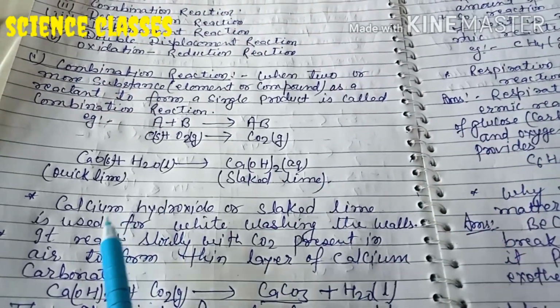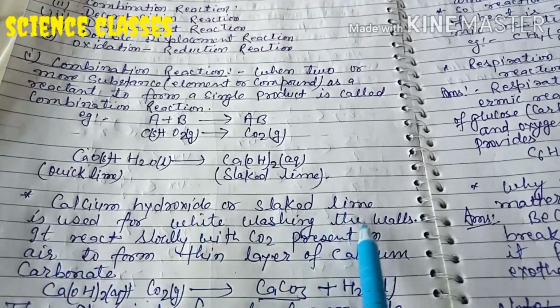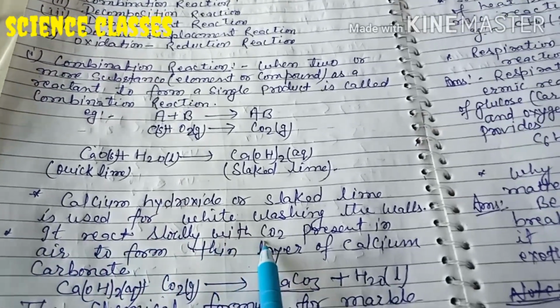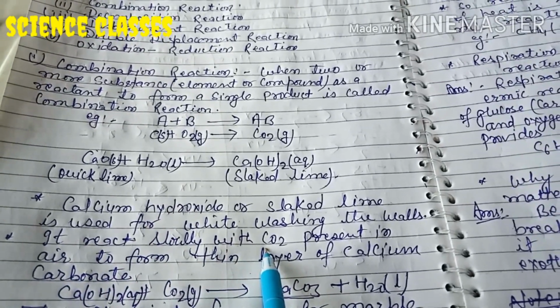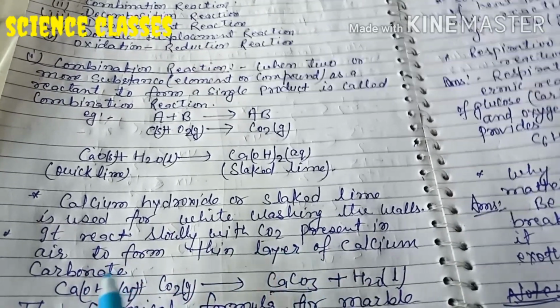So calcium hydroxide is used for whitewashing the walls, and it reacts slowly with CO2 present in air to form a thin layer of calcium carbonate.